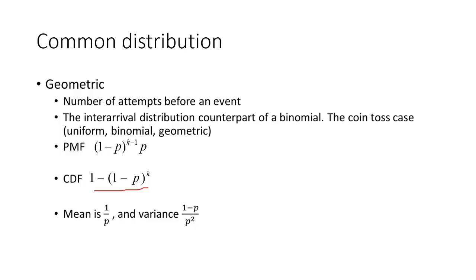So 1 by 0.1 would be 10, and so on. Even if it's not entirely intuitive to you, working through some problems and formulas, which we will be discussing, can help. Finally, the variance is 1 minus p by p squared, and even that's something you might have to work through a couple of times.